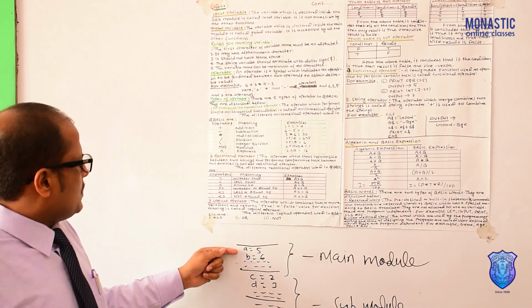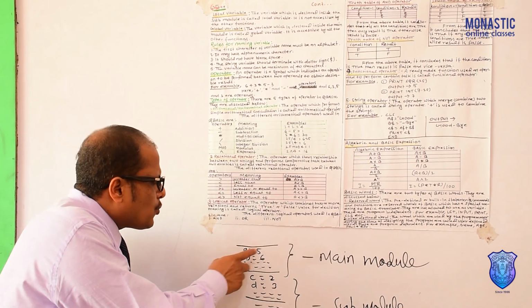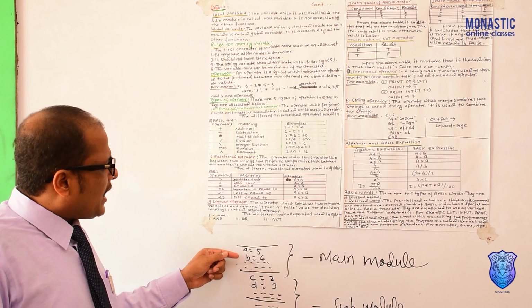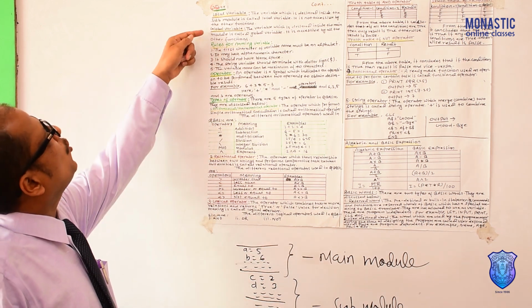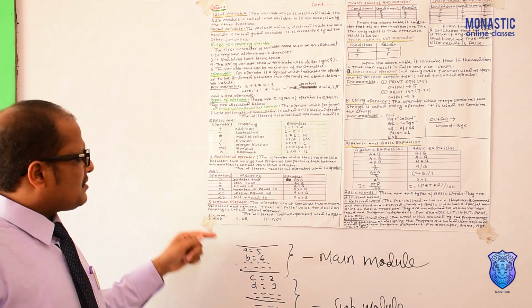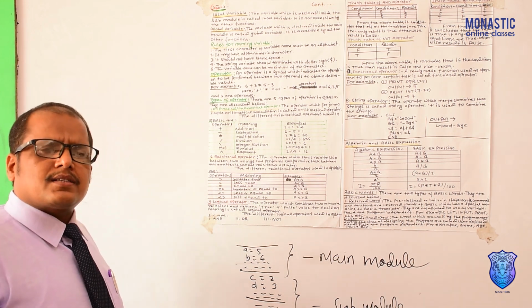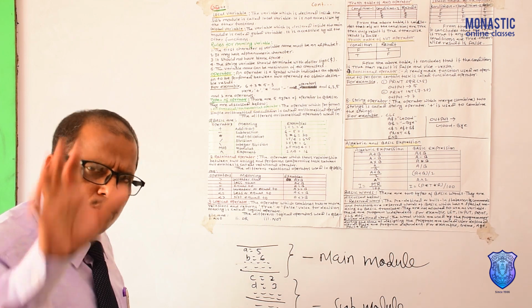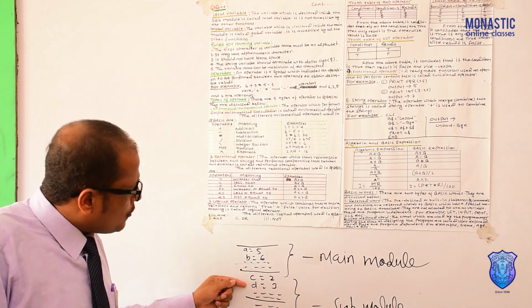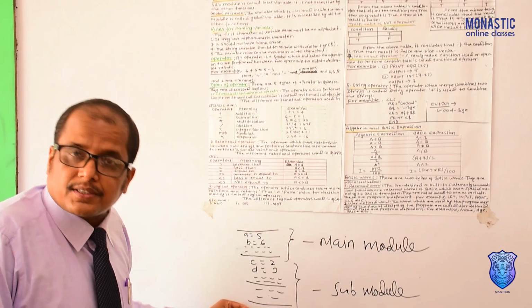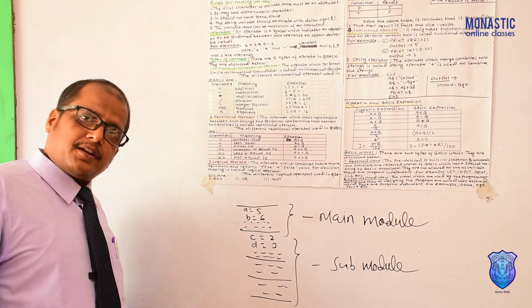For example, see here, A equal to 5, B equal to 6. Here, A and B are global variables, and these A and B are accessible by all other modules. That means this module can access, this module can also access, and this module also can access. I think it is clear.